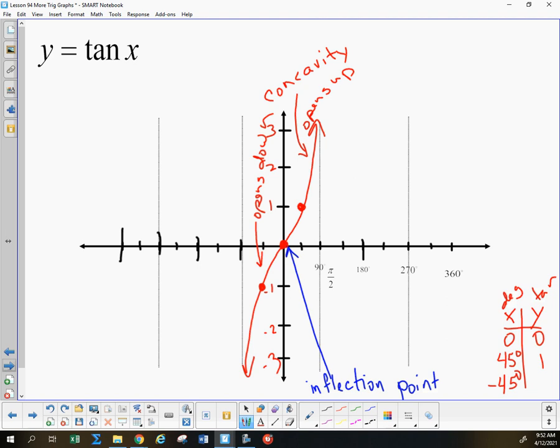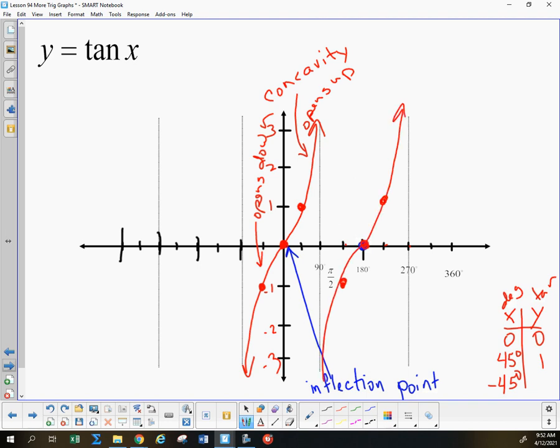Okay, if I did some more points, the tangent of 180 degrees is also 0. Tangent of 270 degrees is undefined. Sine over cosine would be 1 over 0, so I've got my vertical asymptote. Tangent of 135 degrees would be negative 1. Tangent of 225 degrees would be positive 1.